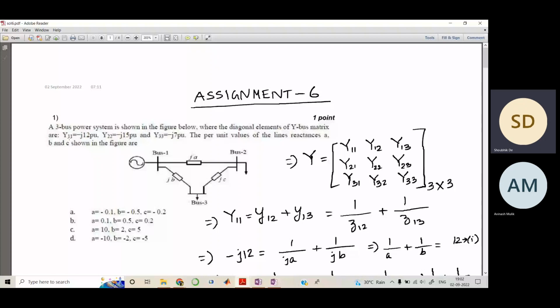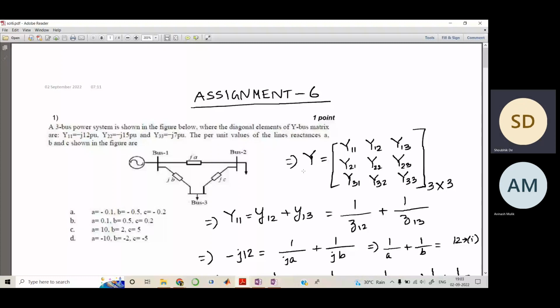A 3-bus power system is shown in the figure below, where the diagonal elements of Y bus matrix are Y11 equals minus J12 per unit, then Y22 is minus J15 per unit, and Y33 is minus J7 per unit. They have told us to determine the per unit values of line reactances A, B, and C, which is shown in the figure.